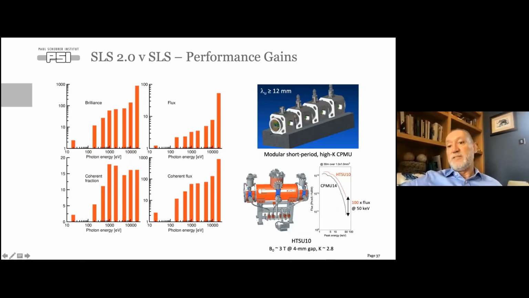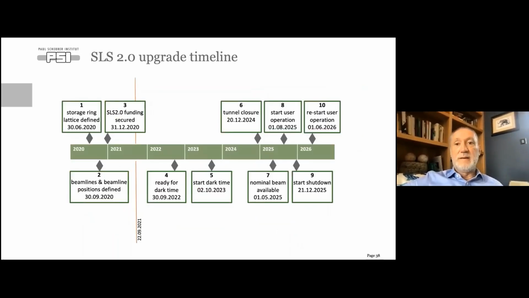We see that we get a factor of 100 times improvement in flux at 50 keV compared to the U14, which is presently our shortest period undulator at SLS. So these two things combined will hopefully produce brilliances up to a factor of about 1,000 compared to what we can get today.